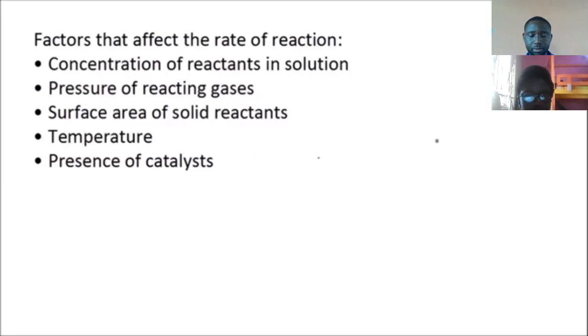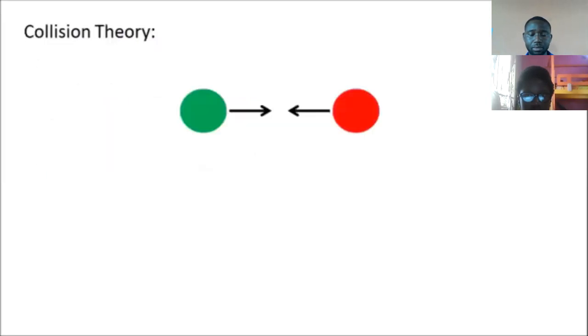But before we look at these, we first need to understand how they affect the rate of reaction. To do that, we need to understand collision theory and activation energy, because that explains how a reaction happens in the first place. A chemical reaction can only happen when reacting particles collide with each other. So if these are the 2 reactants, they need to collide in order to react.